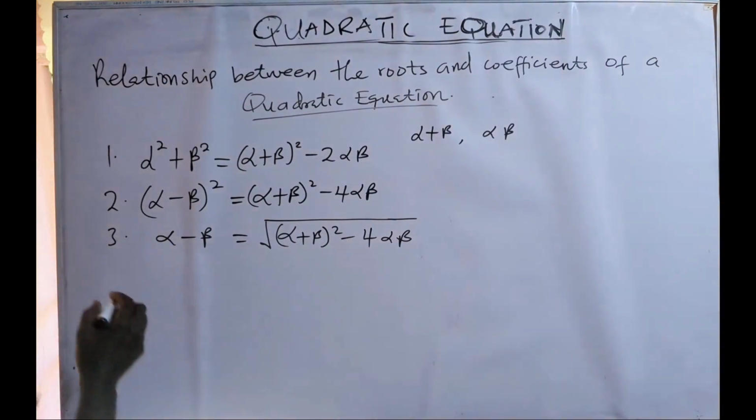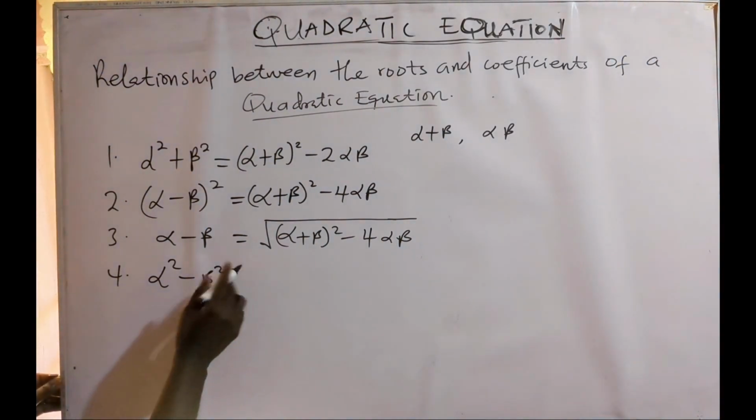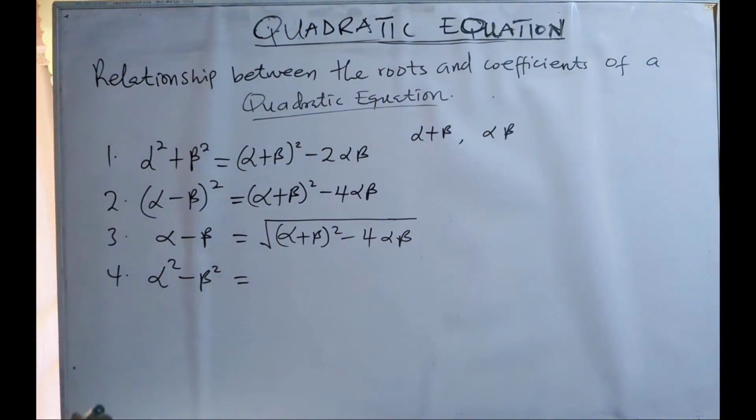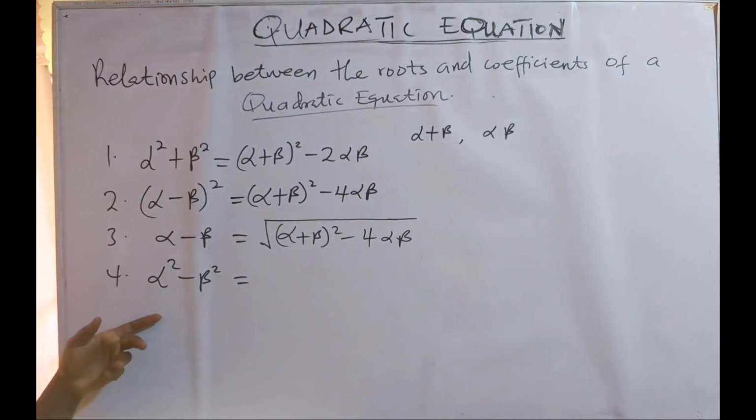Okay, so we can also be asked to find alpha squared minus beta squared. What is alpha squared minus beta squared? This is a difference of two squares, and when we started the quadratic, I taught difference of two squares.